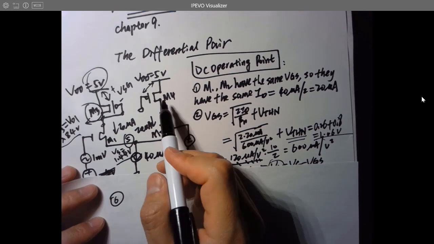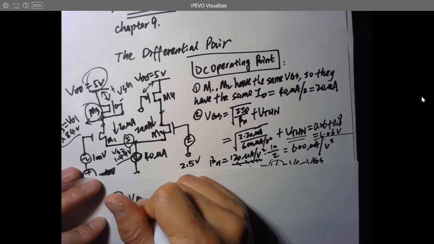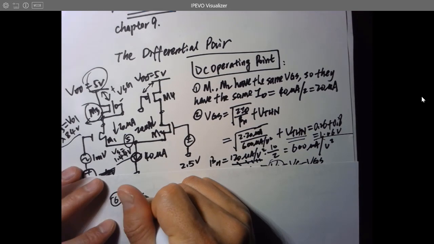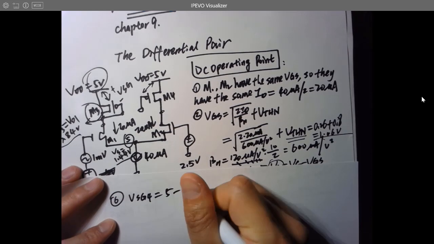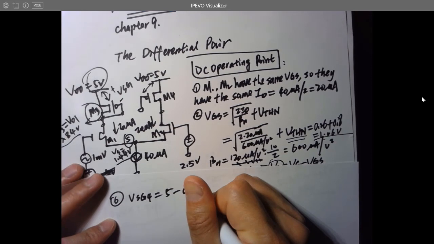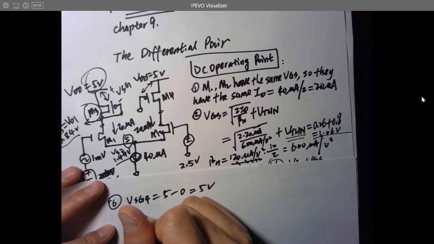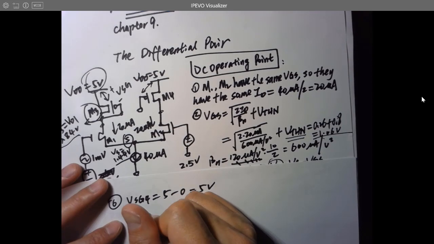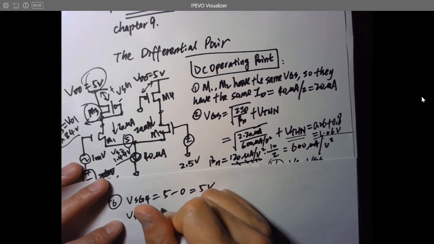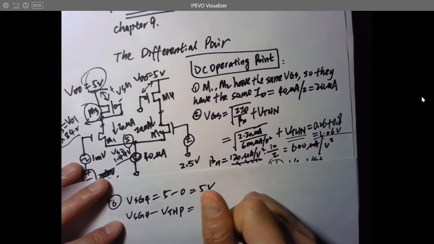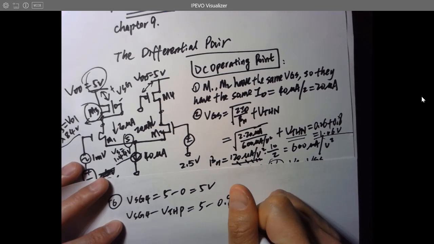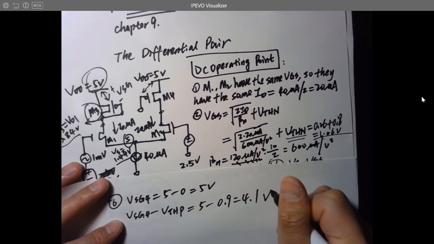So for M4, VSG4 equals 5 volts minus 0 volts, which is 5 volts definitely, and VSG4 minus VTHP equals 5 volts minus 0.9 volts, which is 4.1 volts.